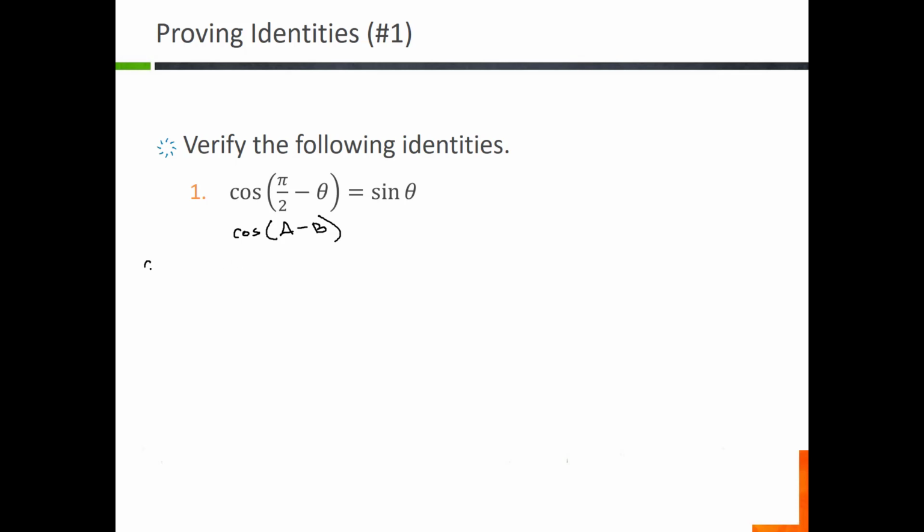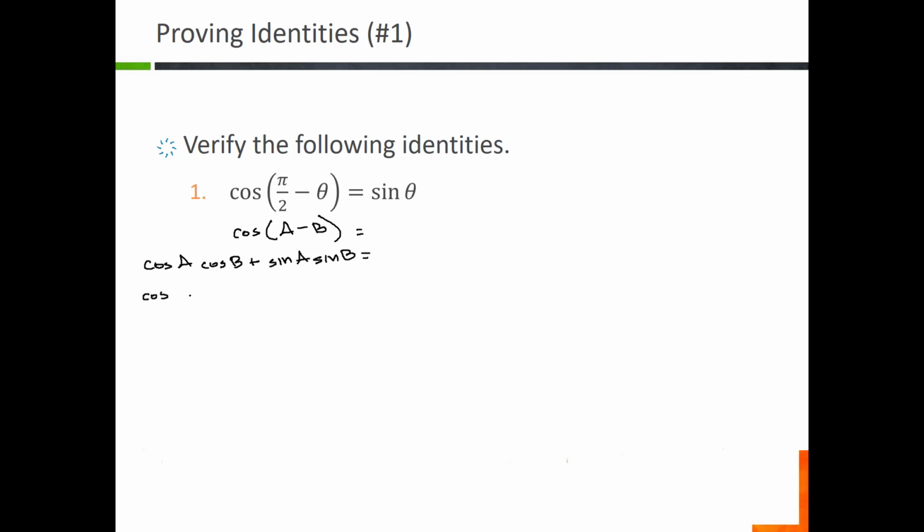We know for cosine it's going to be the cosine of A times the cosine of B. And it flips signs, so since this is a minus, we're going to get a plus, and it then becomes the sine of A times the sine of B. Okay, so I'm going to use this identity. That's the difference identity for cosine, and we're going to plug in our pi over 2 and our theta.